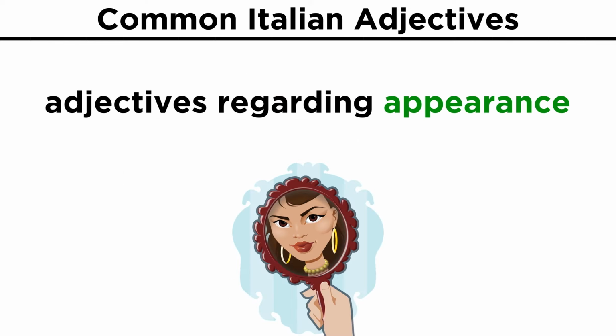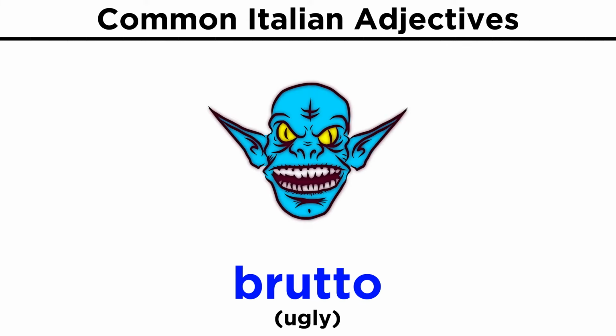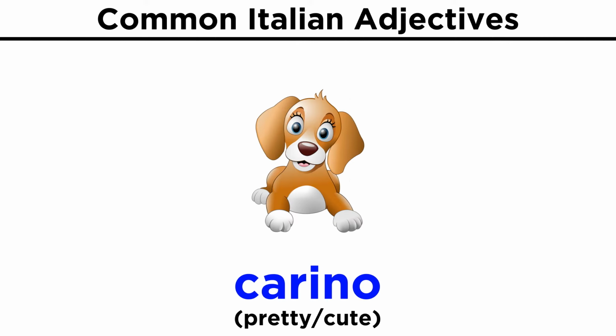Now that we know how adjectives work, let's run through some common adjectives that we may want to use. First, some adjectives regarding appearance. Bello. Brutto.